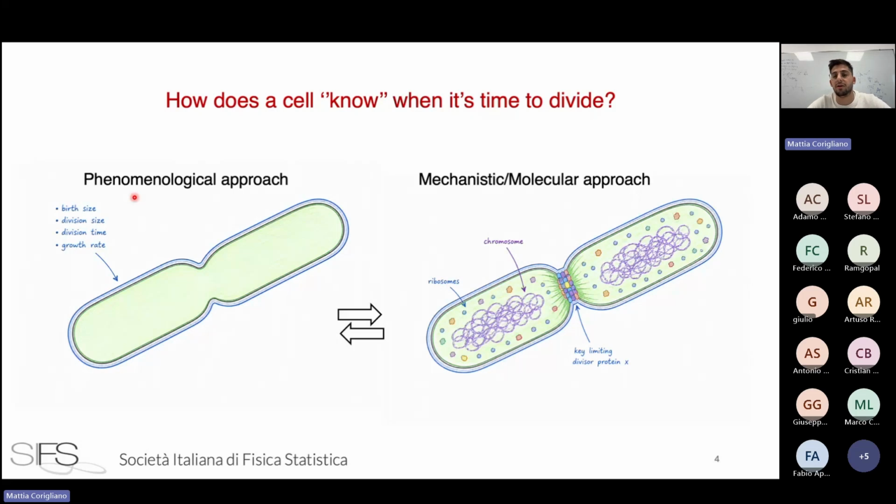So you want to understand how the division process emerges from the dynamics of these ingredients. And of course, the hope will be in the end to connect these two levels of detail. So you want to somehow be able to reproduce the correlation pattern that you can see in your data at a phenomenological level by means of a more molecular description of the behavior.